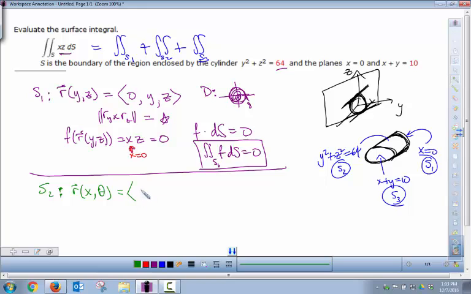So x is going to equal x, and then your y is going to be r, which is, we have a fixed radius here as a cylinder. So that's 8 cosine theta, and then 8 sine theta.